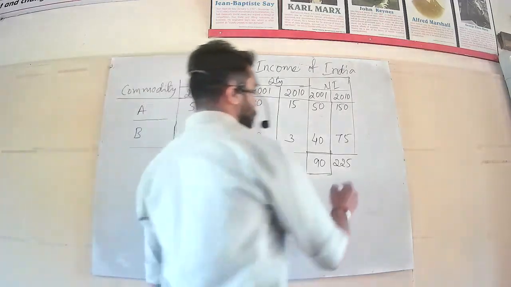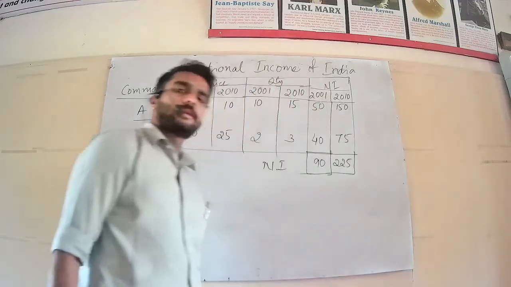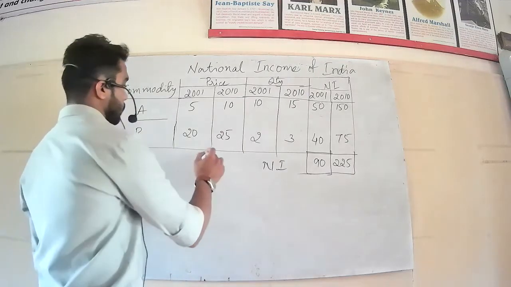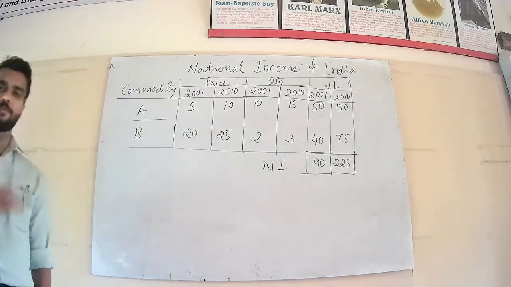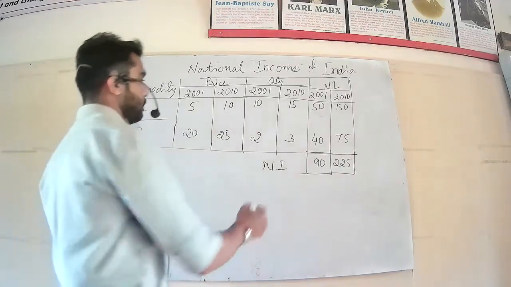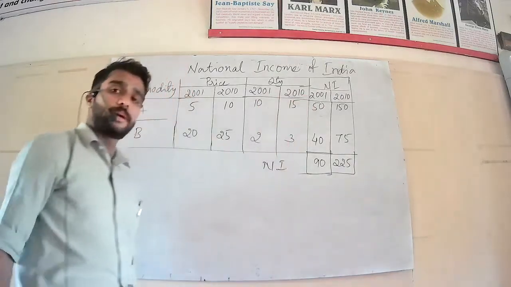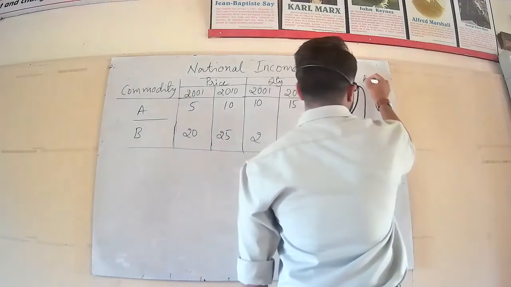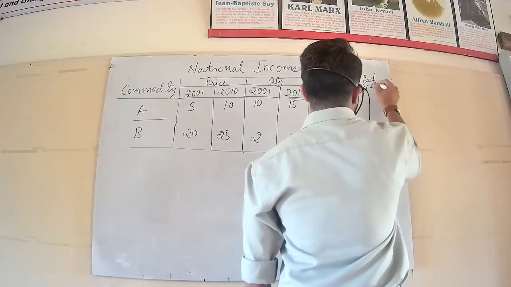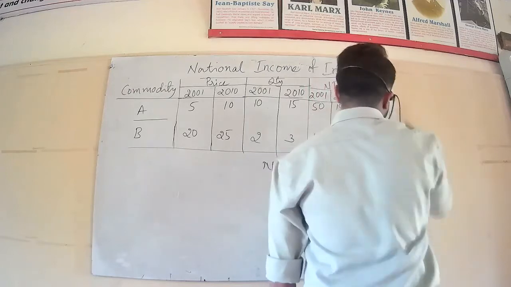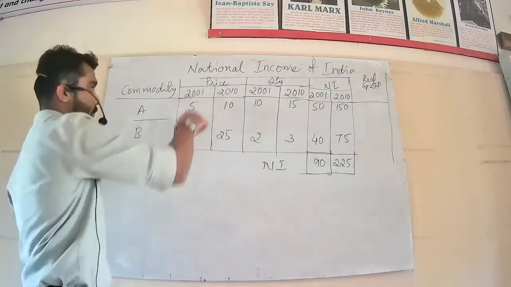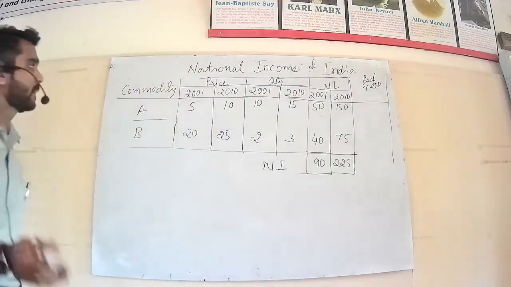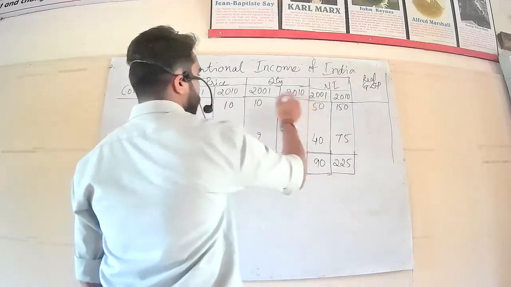We have to calculate the real GDP by keeping the prices constant, by considering the prices of 2001 for the quantity of production in the year 2010. Then we will get the real GDP. So let's calculate real GDP with the prices of the year 2001 but the quantity of the year 2010. We will multiply the prices of 2001 by the quantity of 2010.